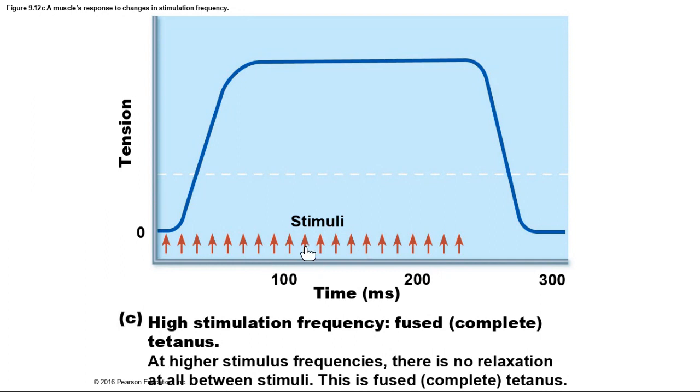Now this we've all experienced as well. It's a little more rare. It's much more rare than the unfused tetanus. This is what a lot of people call a Charlie horse. All right, this is like when you're getting so many stimulations that the muscle feels like it just locks up.